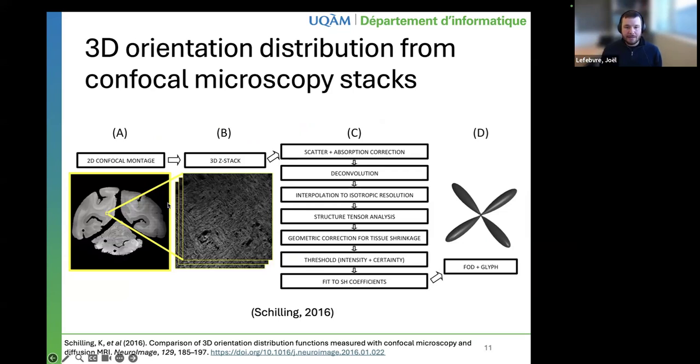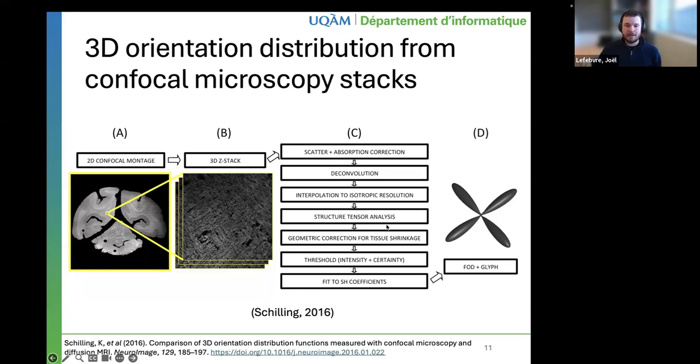And from that, they showed a processing pipeline to fix some artifacts that came from the optics. They did PSF deconvolution, they performed interpolation to get an isotropic resolution, and then they extracted the orientation within that volume with structure tensor analysis.